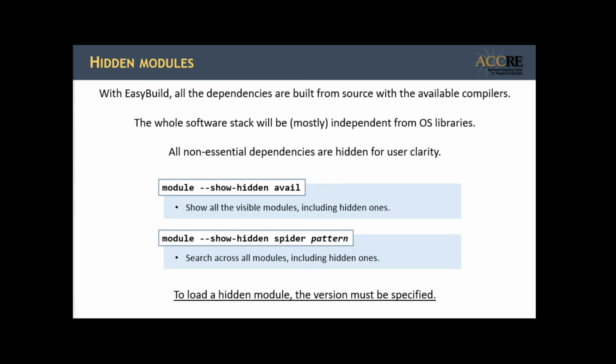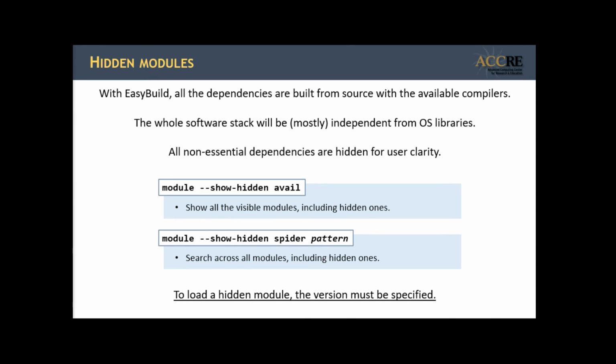Now we build libreadline every time. The drawback of this approach is that Python, as you have seen, has so many dependencies, okay? So every time you want a new software, all the dependencies need to be built if they're not available yet in the Lmod repository.